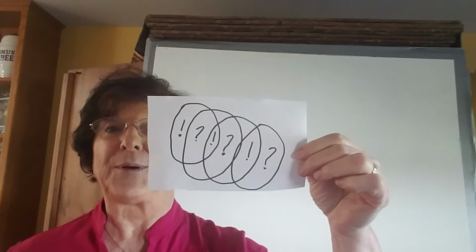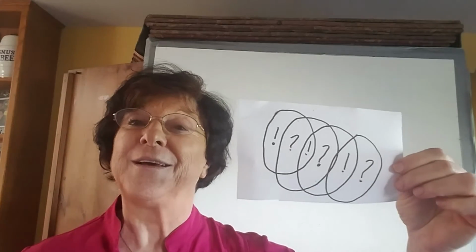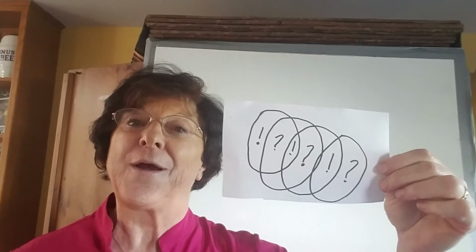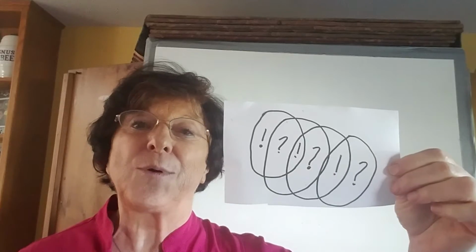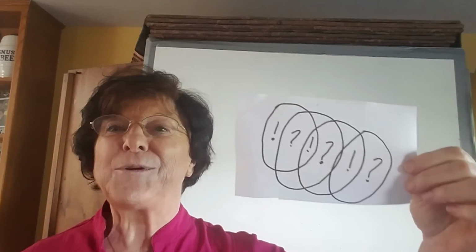Here's another example of a nonsense shape. How would you describe to someone how to draw that? What would you do? How would you get the circles joined together? How would you get the exclamation points and the question marks put in the right place? How would you do that? You have to be specific.